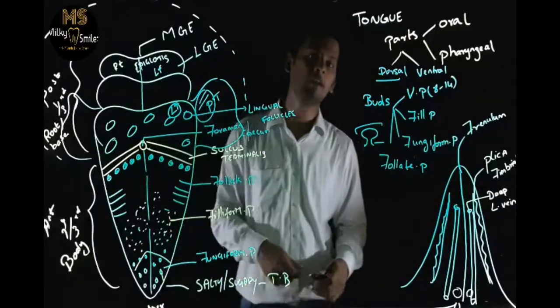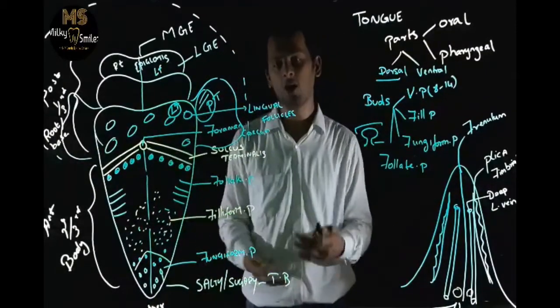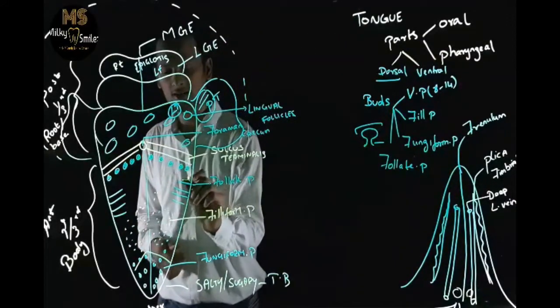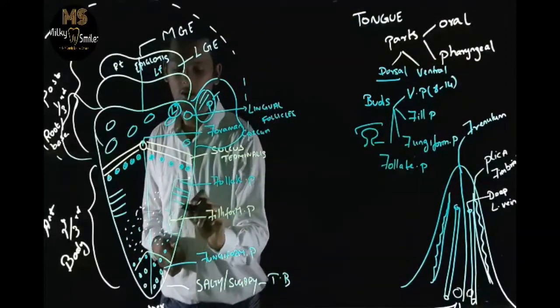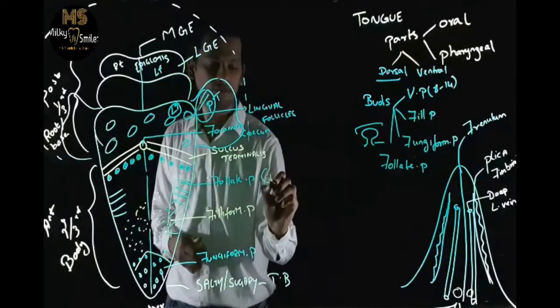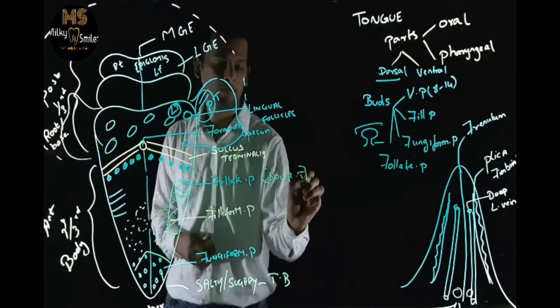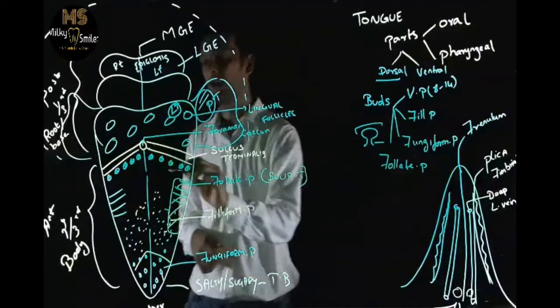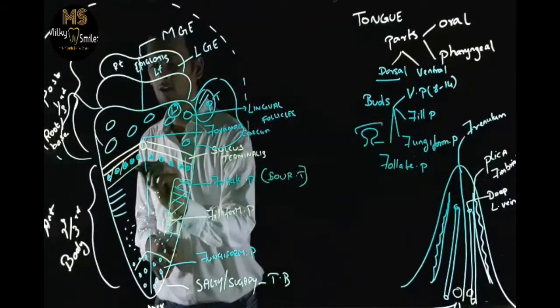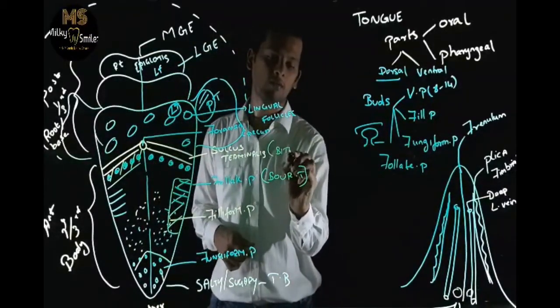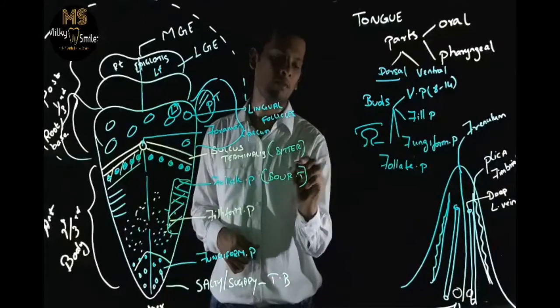Your fungiform papillae give you a sensation of salt and sugar based taste, and your sour taste is felt in the region of foliate papillae, and your bitter taste in the region of circumvallate papillae.